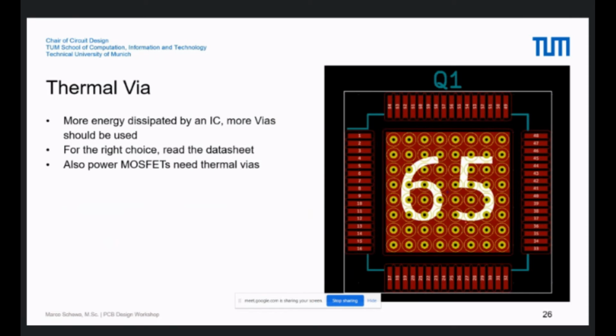The IC datasheet gives you the amount of wires and some explanation of how to use them. Also power MOSFETs need thermal wires, because power MOSFETs can increase the temperature to 100 degrees. So you have to cool down your MOSFETs, because high temperature means also higher resistance, and that means you decrease your system performance.